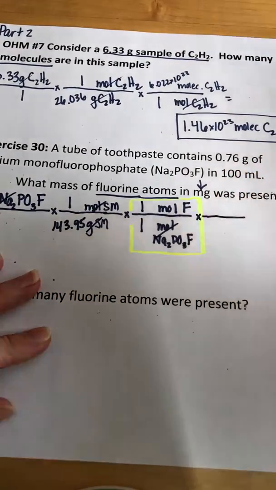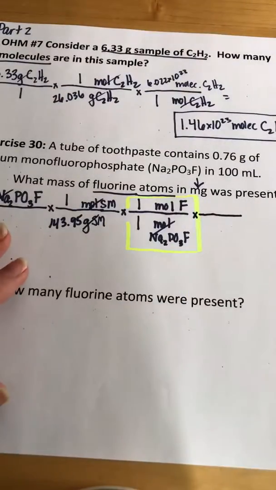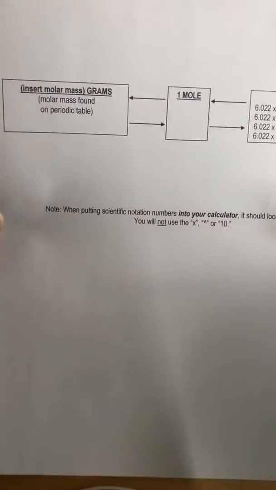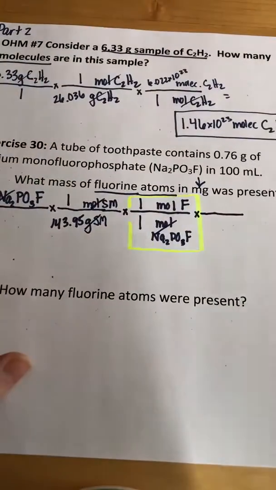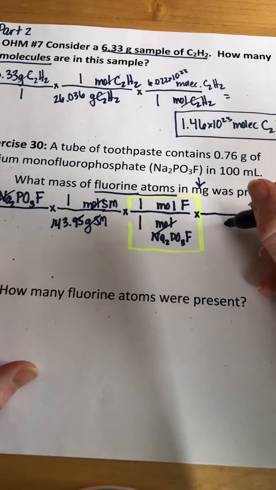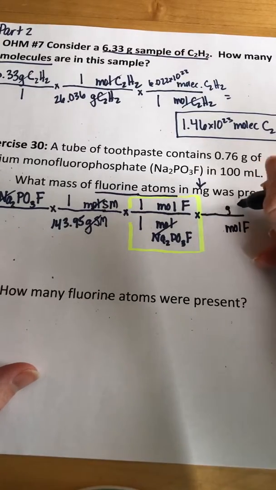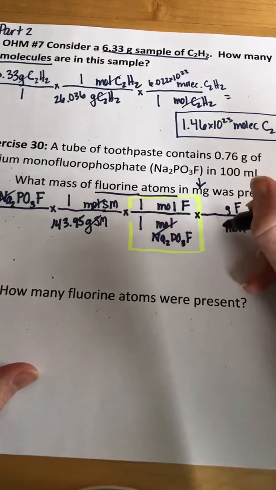Once I've pulled out the fluorine, then I can go back to my mole conversion chart to get the rest of the way there. So moles to grams, this can be done in one step using 1 for moles and then the mass on the periodic table for my grams. Moles is on top, so we'll put moles of fluorine on the bottom. We'll convert to grams of fluorine.